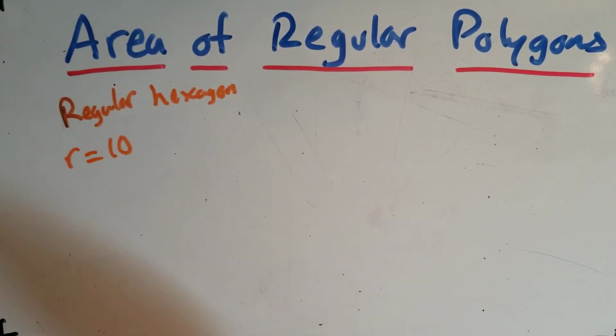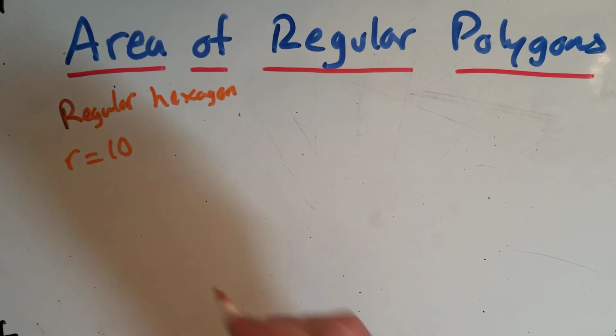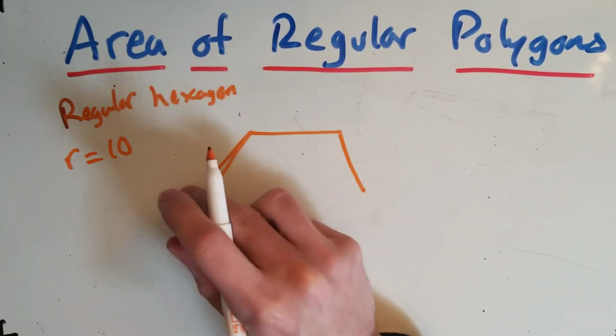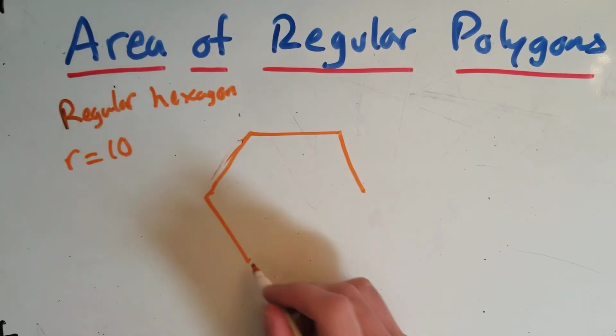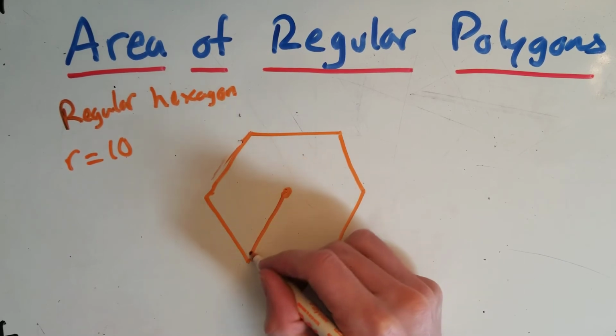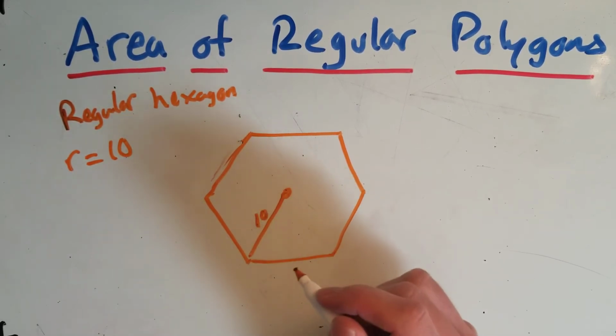And we want to find the area of this hexagon. So we have a hexagon. Do my best drawing. And we know there's a radius of 10.